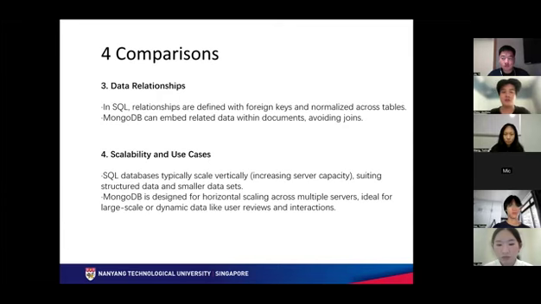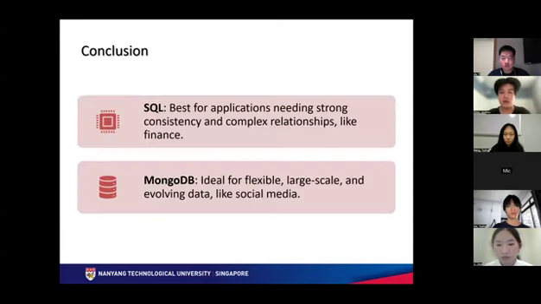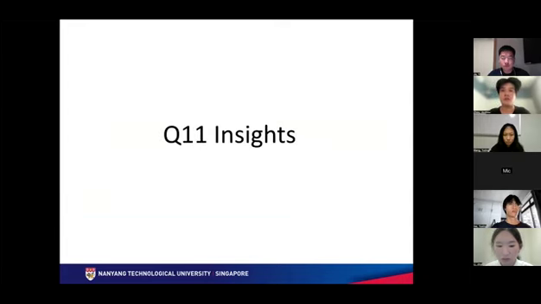And here comes the conclusion. SQL is best for applications needing strong consistency and complex relationships, like finance. However, MongoDB is ideal for flexible, large-scale and evolving data, like social media. And next part, let's welcome my partner to introduce the question 11 insights more specifically.